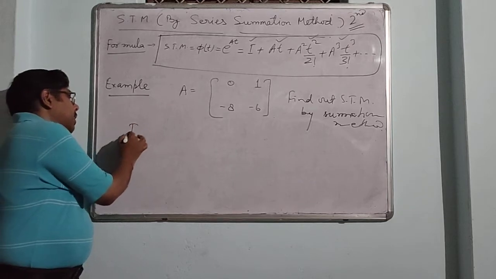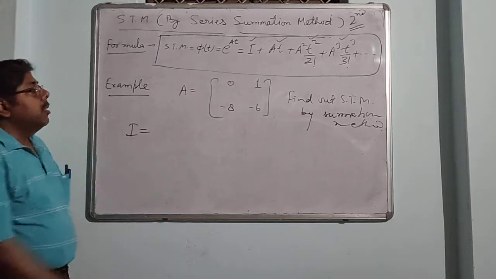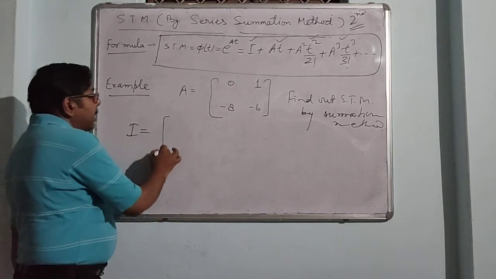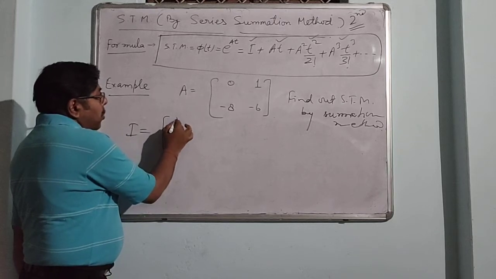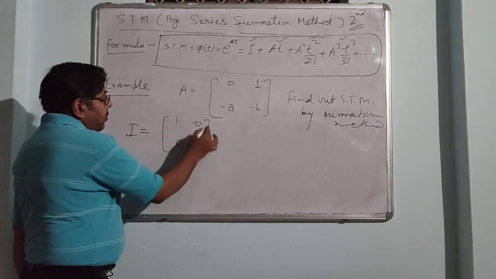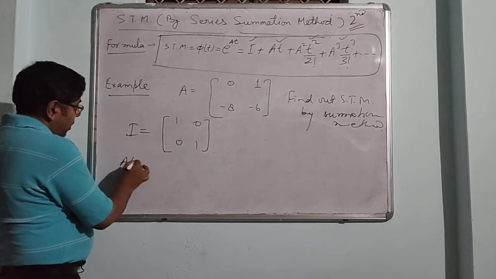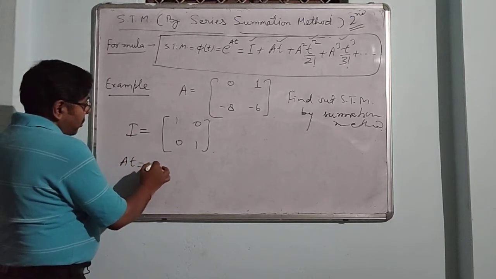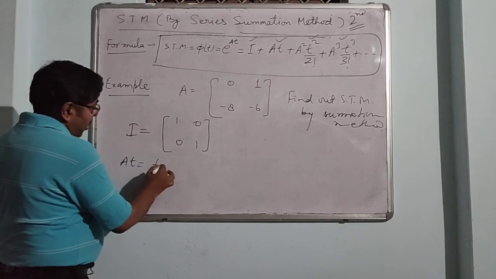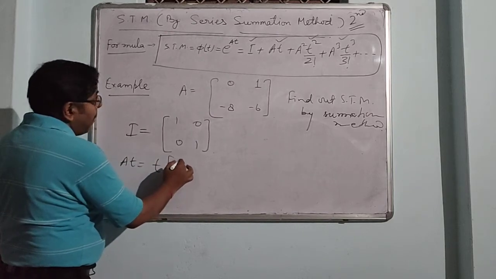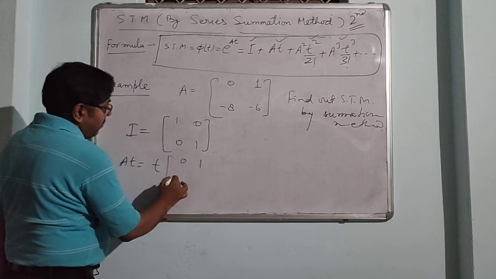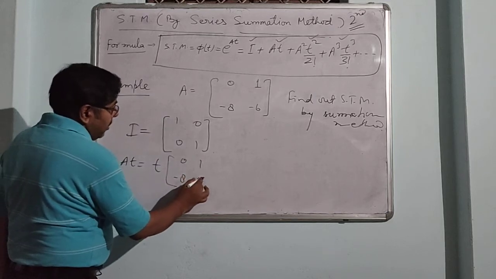So what is identity matrix for this? This is 2 cross 2 matrix. So this is 1 0 0 1. A is given. So next term is this. You have to use this t multiplied by 0 1 minus 8 6.